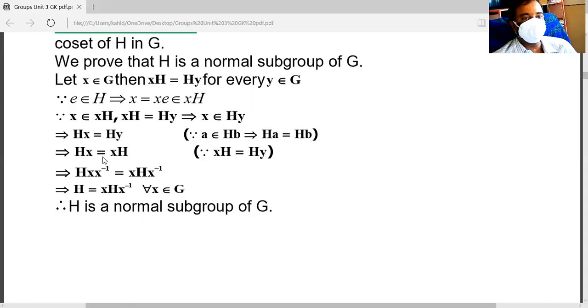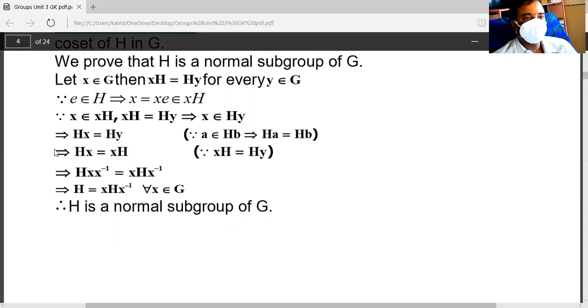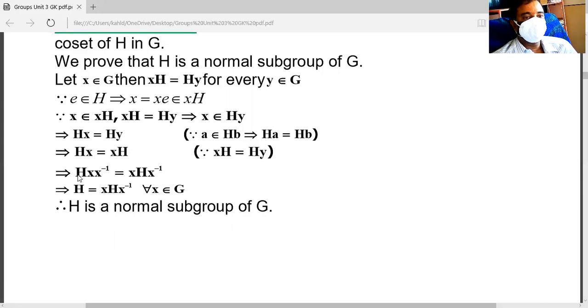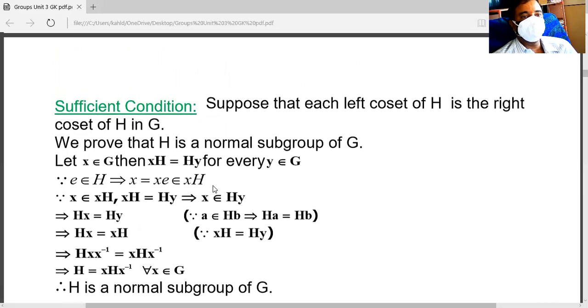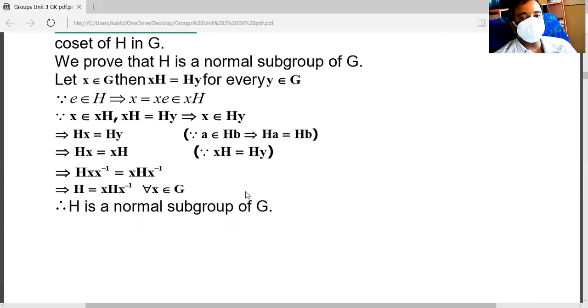I am multiplying this total with x inverse on both sides, on the right side. x inverse is E. HE is H. Okay, right. xHx inverse is equal to H. By the previous theorem, xHx inverse equal to H means H is a normal subgroup of G. Okay, students. Now we have learned two theorems.